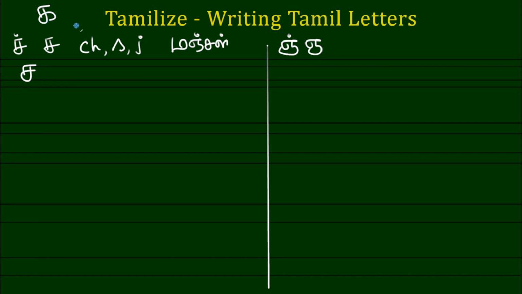When you write ka, you come all the way down and complete the curve. But for cha, you are stopping halfway. That end is parallel to the top line, like the English F, right? The English capital letter F, but to this F we are adding an additional curve. You can imagine it like that.